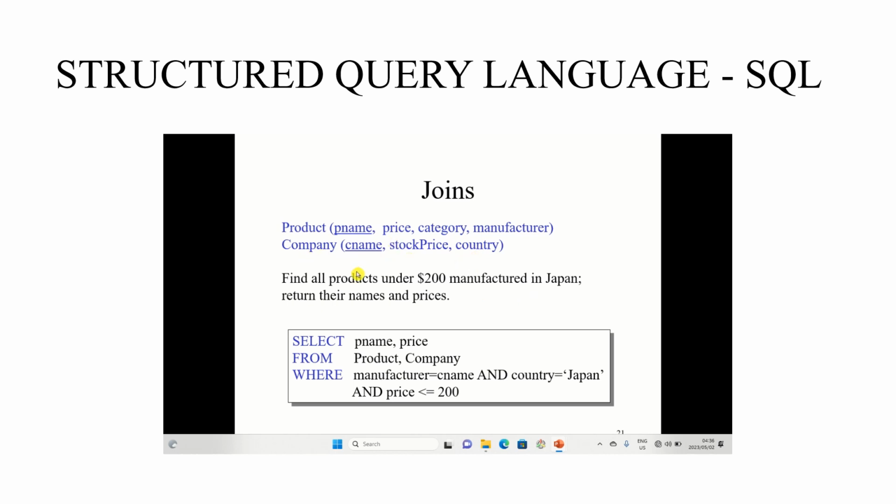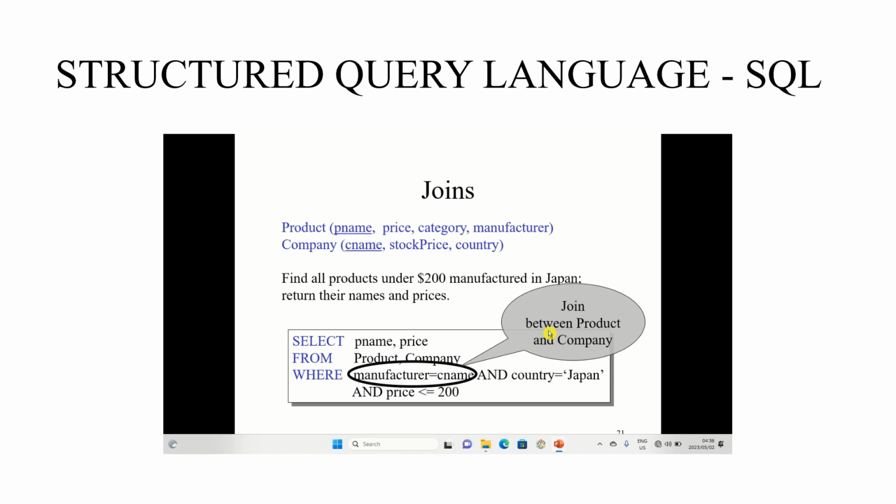Now it touches on the second table. Country equals Japan. So if it's a string, you put it under single quotes. If it's a numeric value, you don't put the single quotes. It's very important. You should stick to the semantics and syntax of the coding, because this is coding. So hope you understand it.